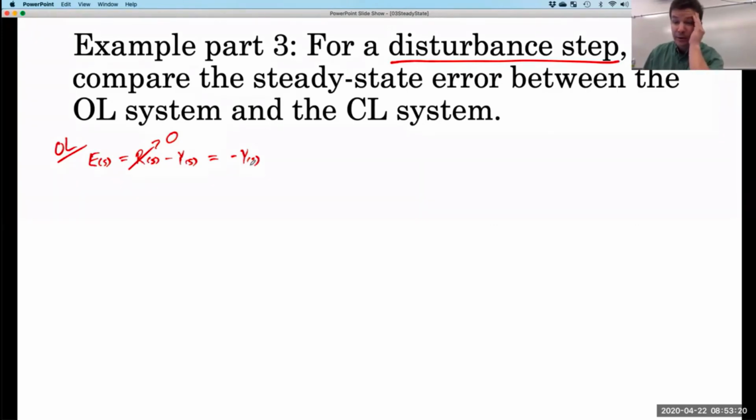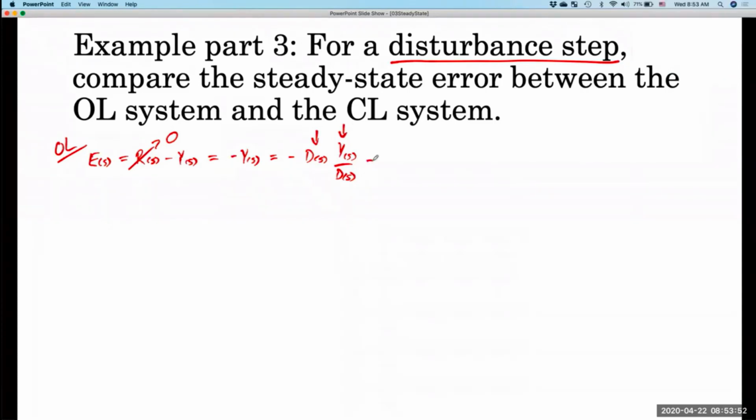Okay, so if there's no reference input, is the output 0? Like, is this just a trick question? Well, there's going to be some sort of disturbance that causes it to be something other than 0. Good. There will be output. And I like to think of it as the disturbance signal times the disturbance to output transfer function, right?